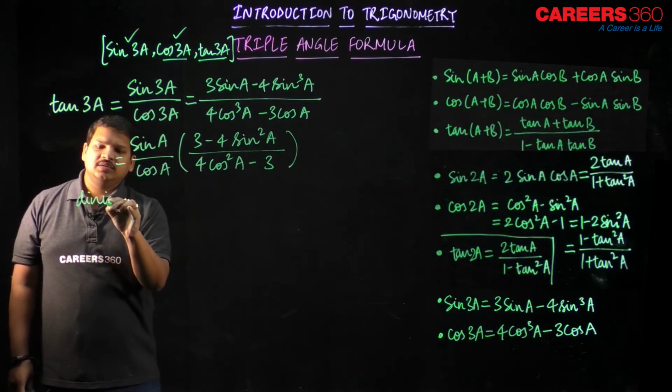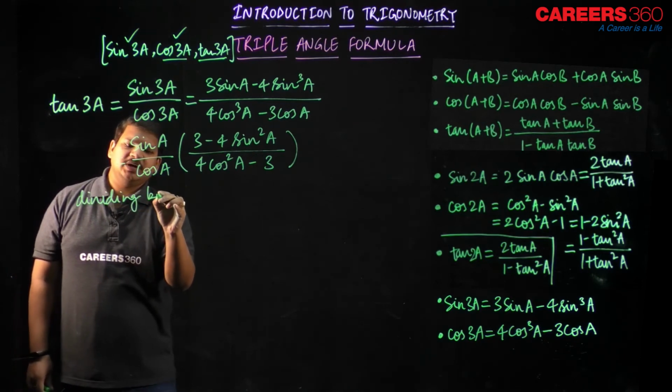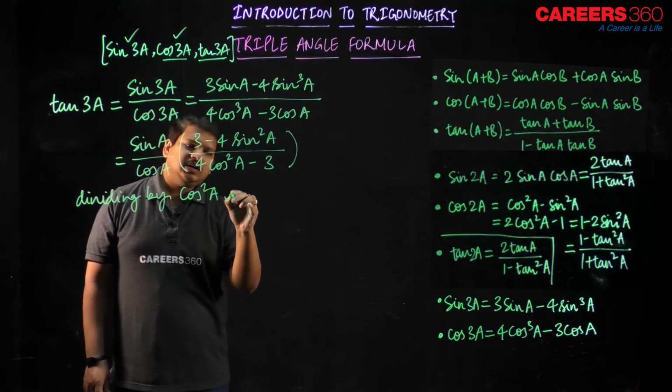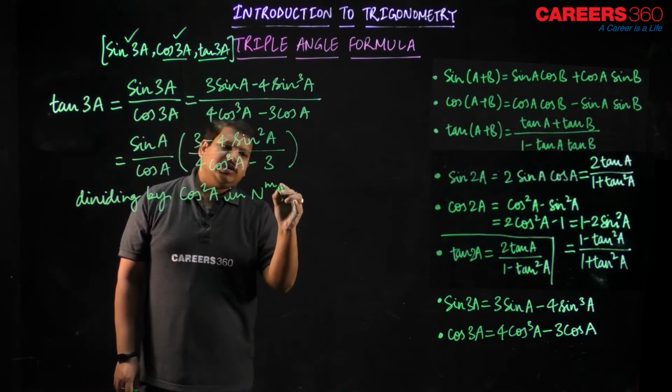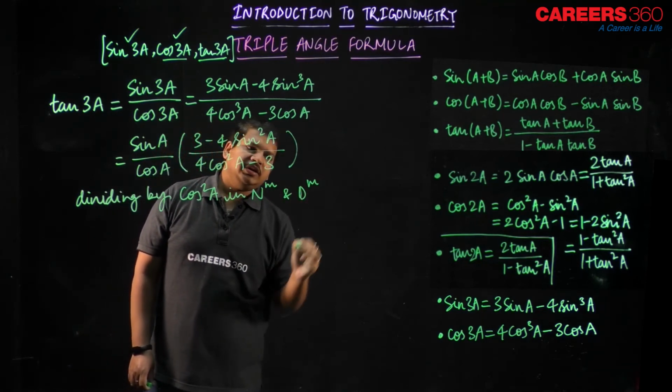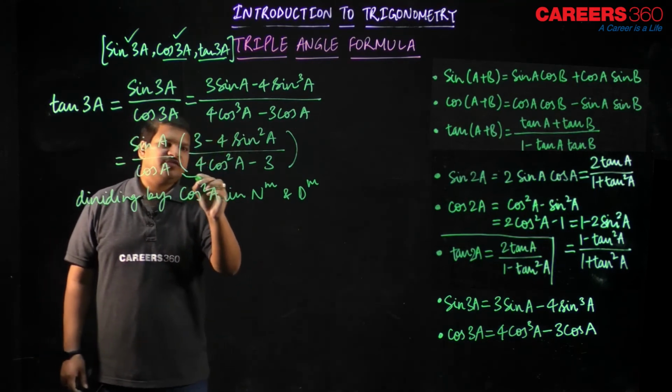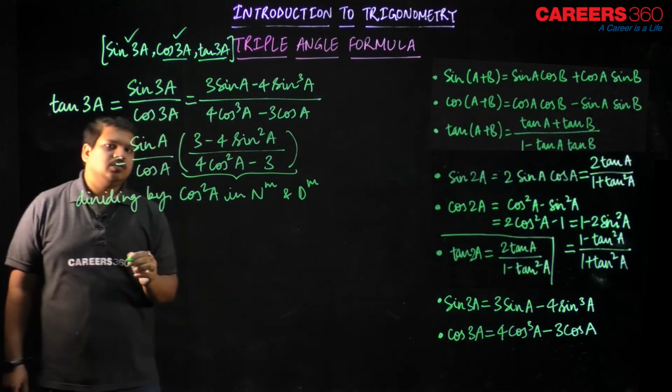dividing by cos square A in numerator and denominator in the bracket. I am referring to over here.